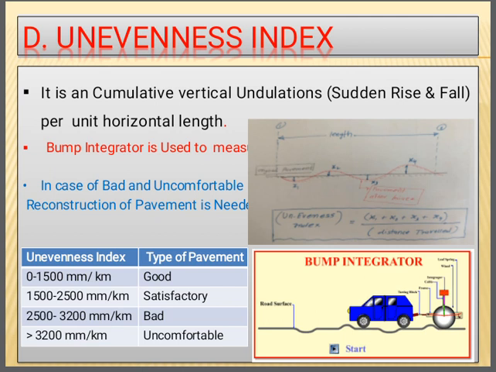Now, what is meant by unevenness index? Unevenness index is the cumulative vertical undulations per unit horizontal length.